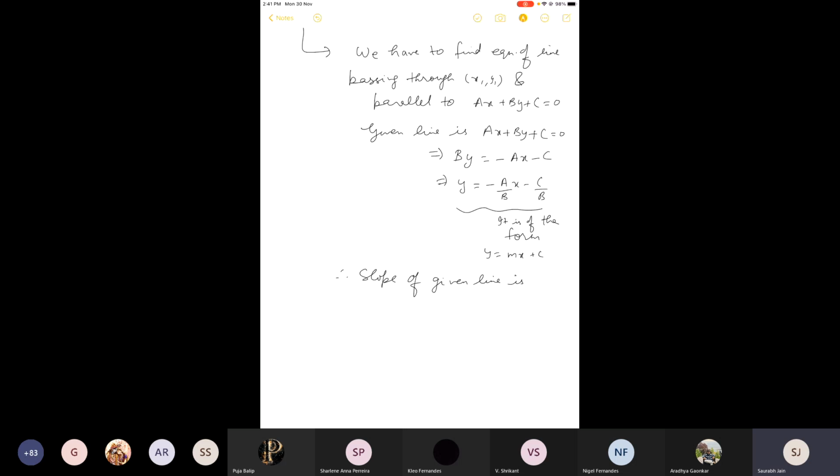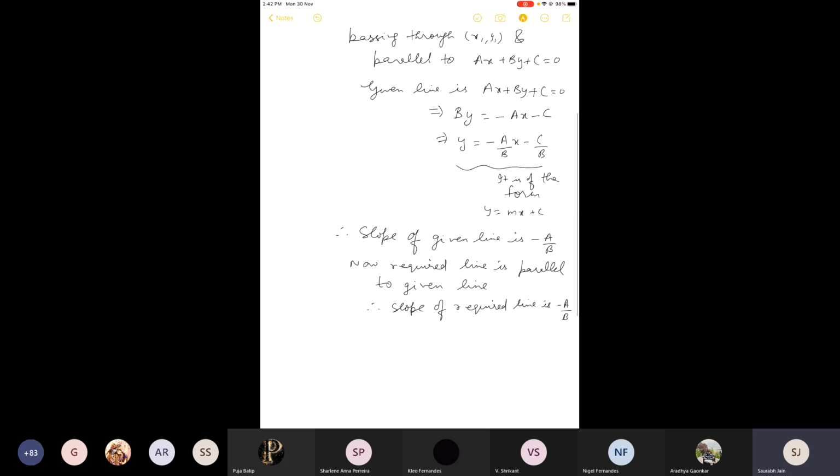Now the line that we have to find is parallel to this line. Now required line is parallel to given line. That means their slopes will be same. m1 equals m2. Therefore slope of required line is minus a by b only, because if two lines are parallel, their slopes are equal.